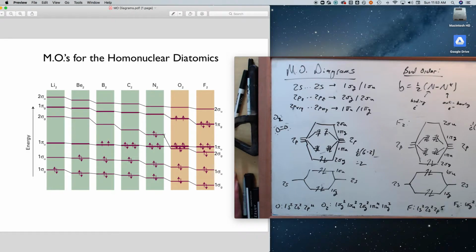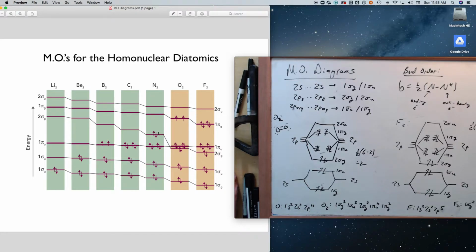The 2 sigma g really drops significantly in energy in O2. And that's actually due to s and p mixing. So the order switches when you have less than half-filled orbitals. So nitrogen is right at your half-filled orbital, okay? And so that's where it switches.